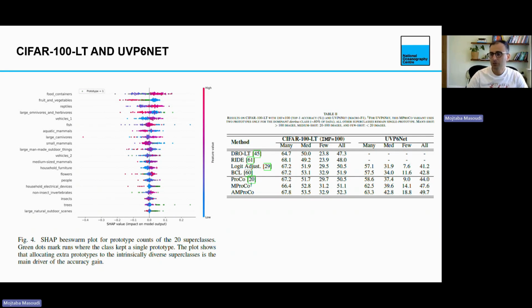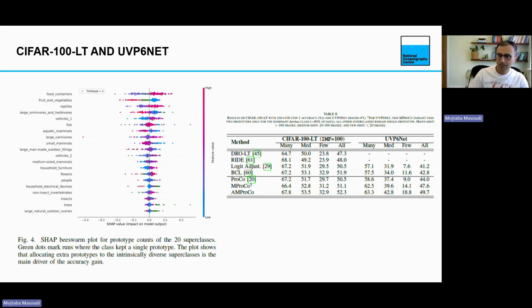And even for the few shot models, it doubled the performance from 9% to 18%. Here on the back, I'm showing how the multiple prototypes can affect the performance. The shaft value is introduced here based on the different types of modality.